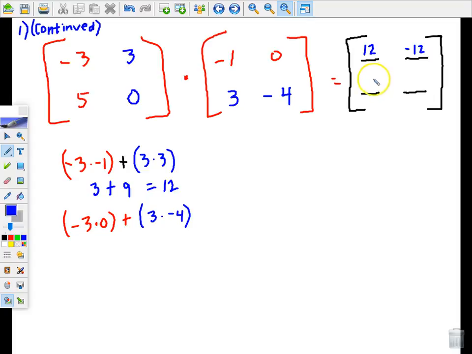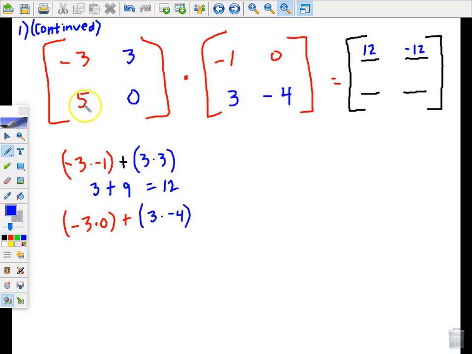All right, let's work on the part of our answer which would be row 2, column 1. Just think of it this way: if you're trying to find the number that goes in row 2, column 1, then you're going to use row 2 times column 1.